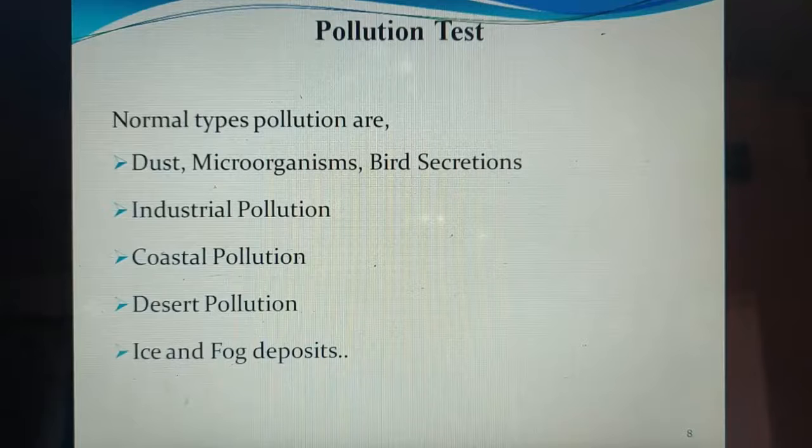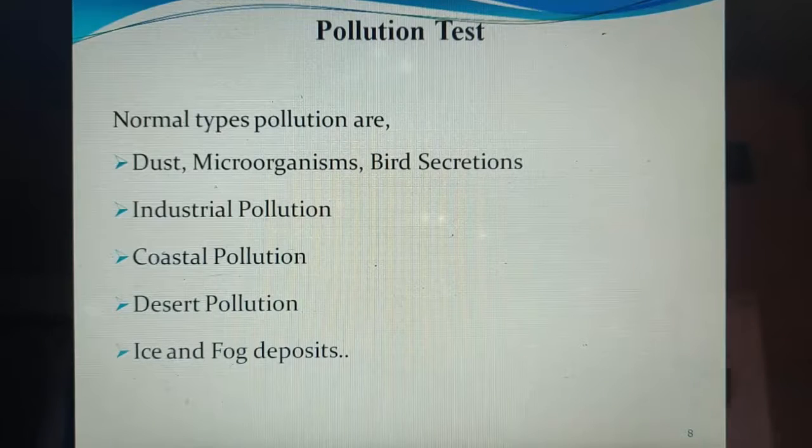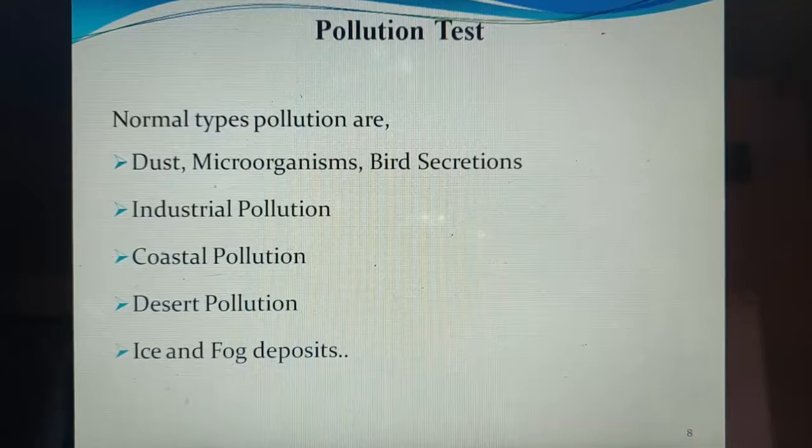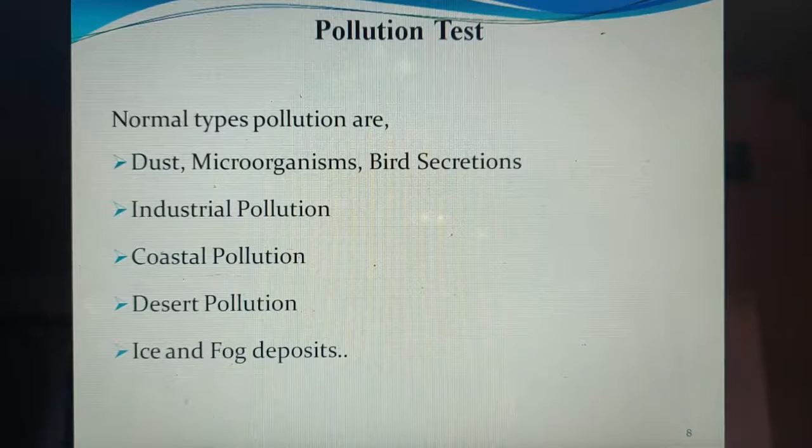Coastal pollution considers corrosive and hygroscopic salt layers deposited on the insulator surface. Desert pollution considers sandstorms causing deposition of sand and dust layers on the insulator. Then ice and fog deposits, a problem generally seen in polar countries.